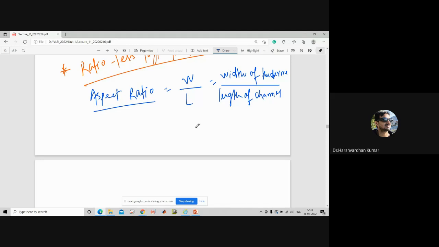So the ratio-less logic level tells that irrespective of the aspect ratio of PMOS or NMOS, the static behavior is independent of that ratio, right?